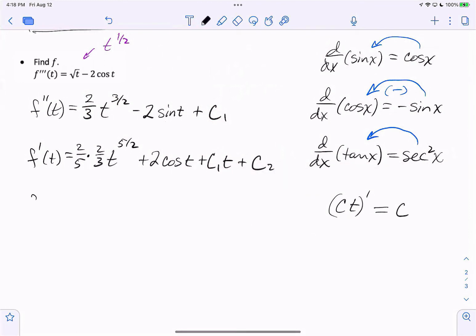Final step, well, I'll have to clean up the coefficient here, but f of t is equal to, I already had 4/15 as a coefficient here, right? Now add 1 to the exponent, so I get t to the 7/2, divide by the new exponent, so I'm going to multiply by 2/7.